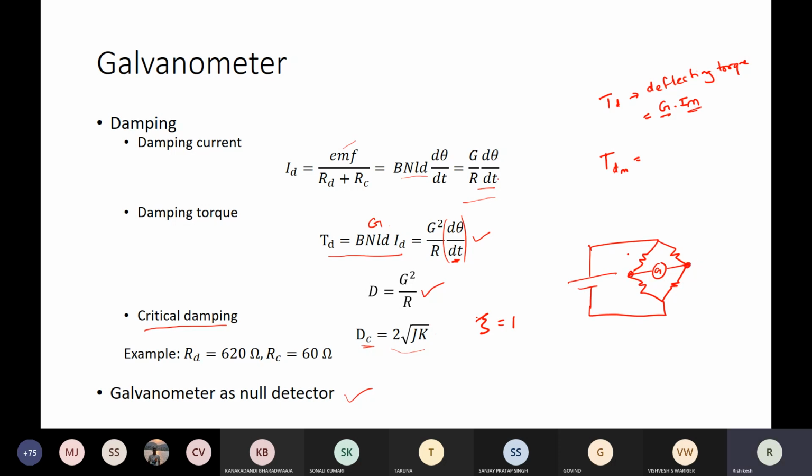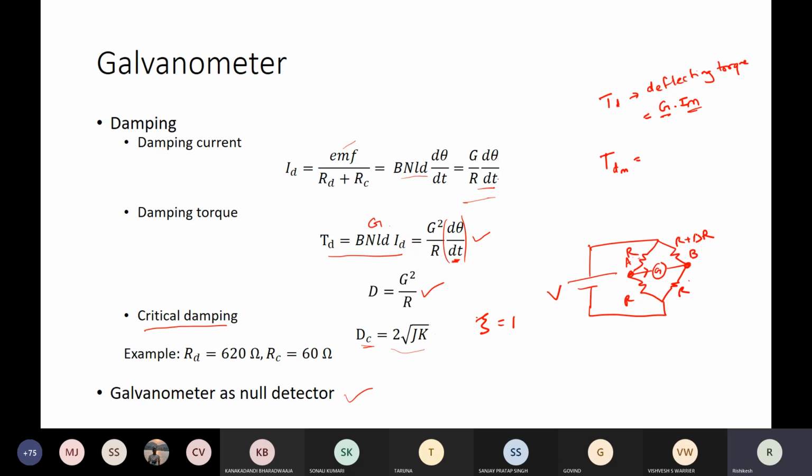Okay, so R, R, R. So in this situation, when all the resistances are equal, the potential across terminals A and B is 0, right? So there is no current which will flow through the galvanometer. But as soon as there is a very small change in one of the resistors, that will generate a finite voltage, even though it is very small, but that will cause the current to flow through the galvanometer.